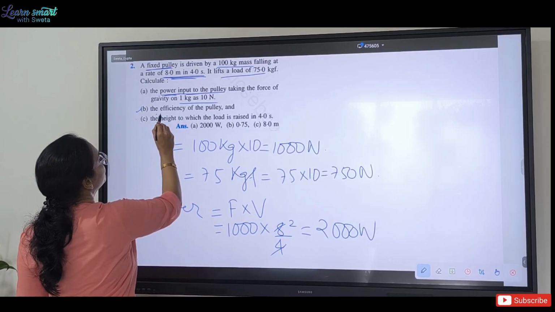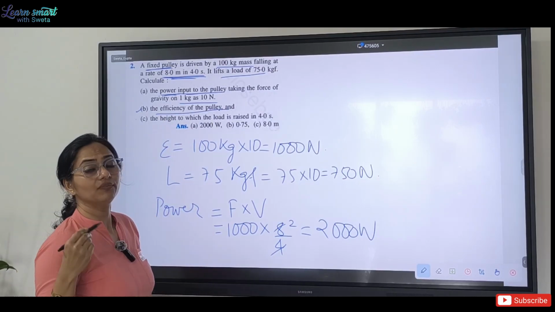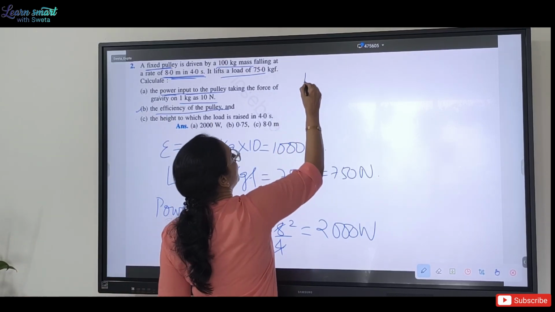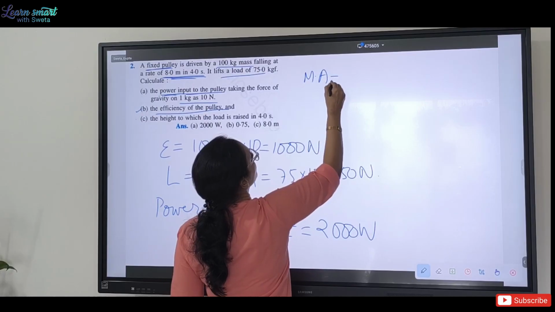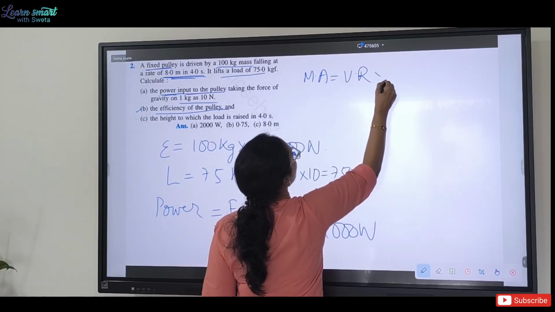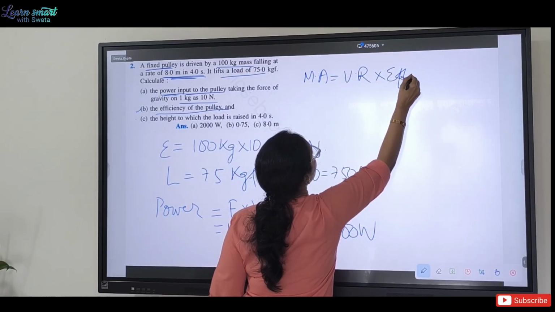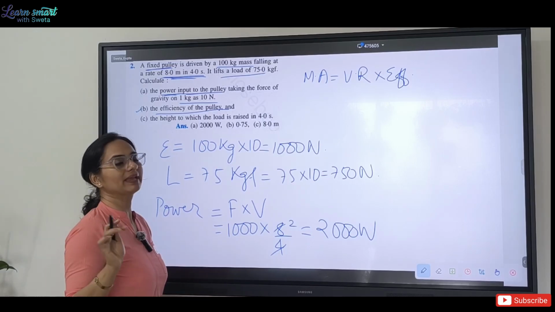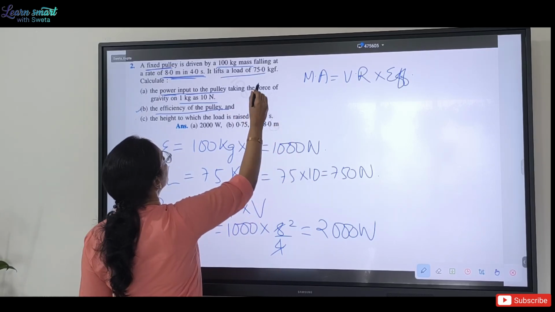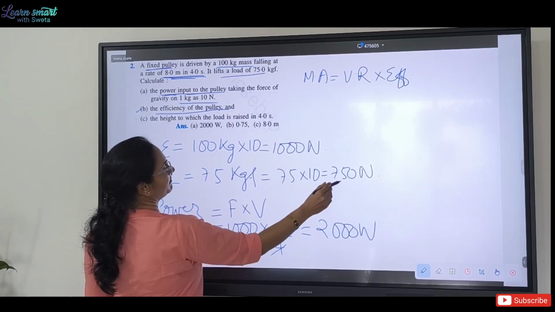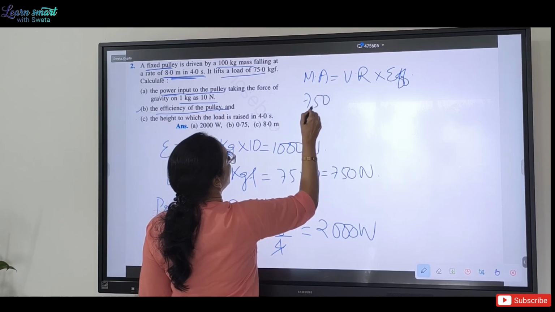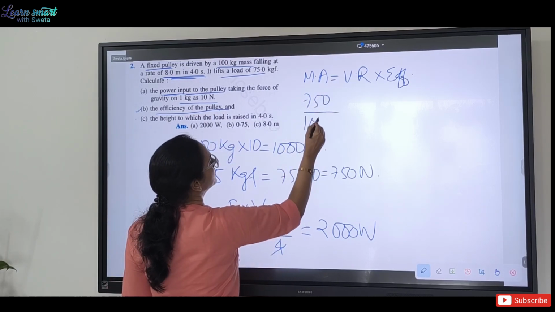Next, they have told efficiency of the pulley. Now, we have to remember the formula that mechanical advantage equals velocity ratio into efficiency, right? And what is mechanical advantage? Load upon effort. Load here is 750 and effort is how much? 1000.